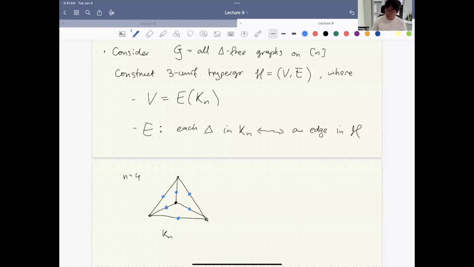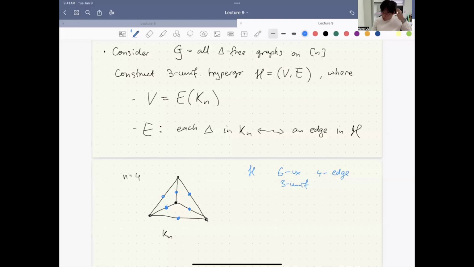So we have 6 vertices. And 3 vertices form an edge when these 3 vertices correspond to 3 edges from a triangle. How many triangles are there? Whenever you remove a vertex, you get a triangle. So the number of triangles is 4, I believe. 1, 2, 3, 4. So this is a 6-vertex, 4-edge, 3-uniform hypergraph.